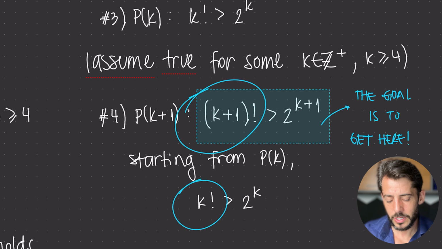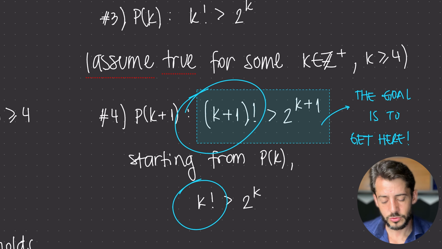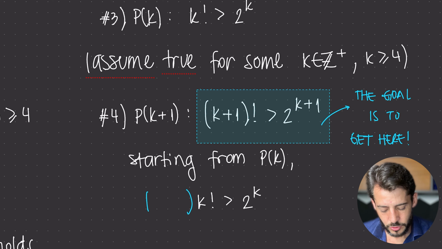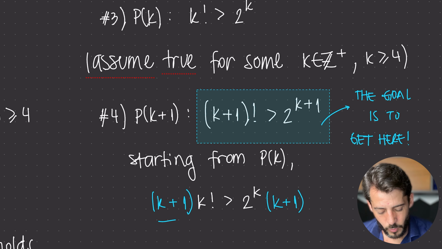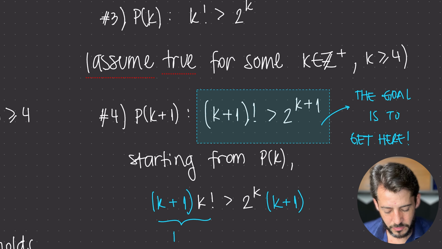Meaning, if we're trying to convert k factorial to k plus 1 factorial, you're going to need to multiply both sides by k plus 1. And why is that? Well, k plus 1 times k factorial is equal to k plus 1 factorial. A nice way to remember this property is to use numbers.